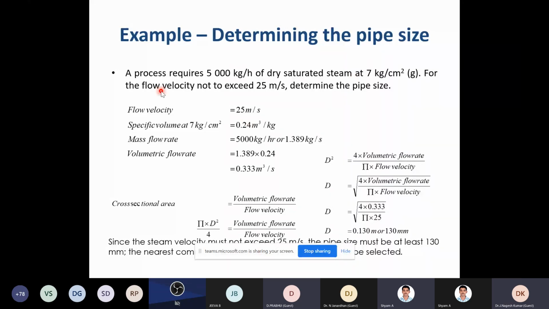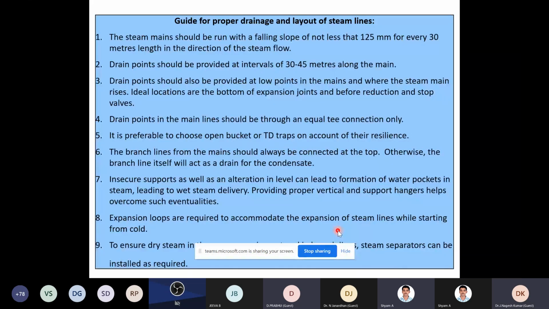So I say velocity not to exceed 25 meters per second, and you design for this. We want to keep 25 meters per second as the velocity in the pipe. Once you know the velocity and the flow, you can find out the area, and from the area you can find out the diameter. That's what has been done here. A straightforward calculation. Okay.